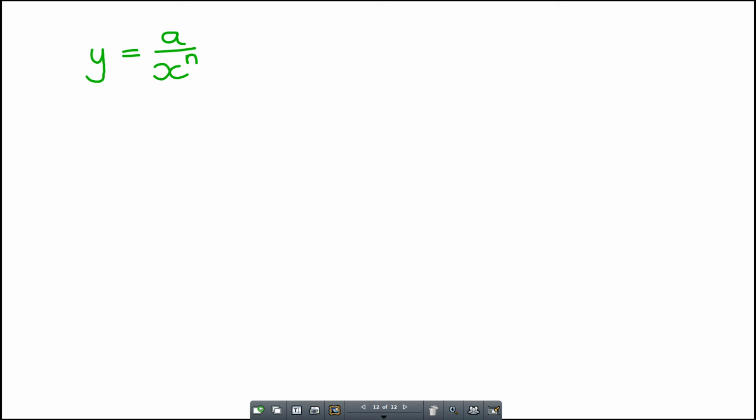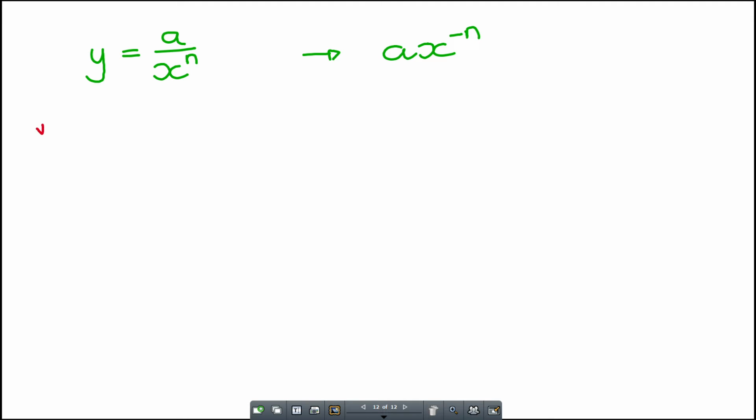So I rather want it to be in the form of a times x to the power, en onthou, as ek hierdie boontoe vat, wat gaan gebeur? Daar's sy, net die exponent gaan verander, nee. So that's the same as a x to the power of minus n. Nee, en nou het ek mooi my coefficient, my x, and my exponent. Nee, right, so from there, we get derivative. So hier's nou net 'n extra stapie in. So kom ons kyk gou-gou.